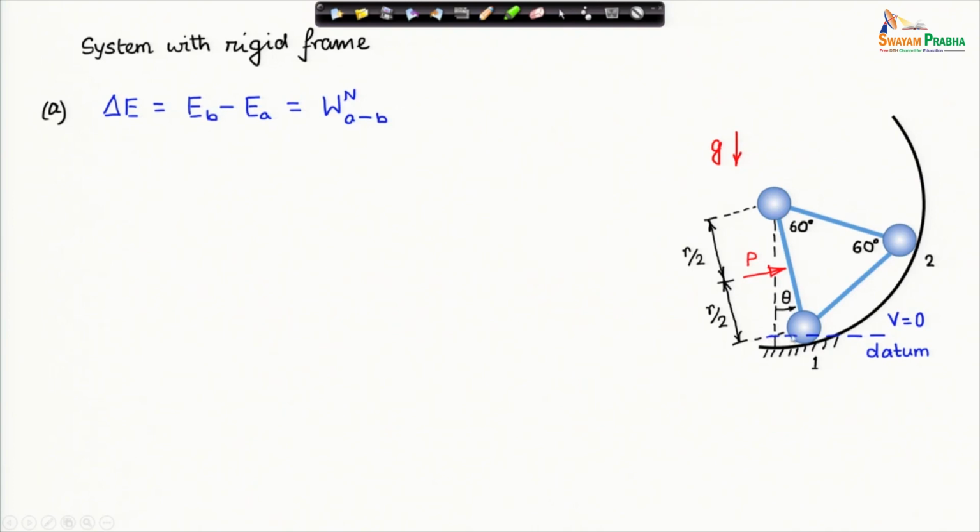This level coincides with the level of the center of mass of this particle when theta equal to 0. So, when theta equal to 0, the center of mass of this particle is at the datum position. This is just a choice, you can choose the datum anywhere else.